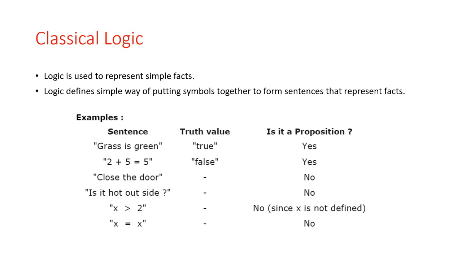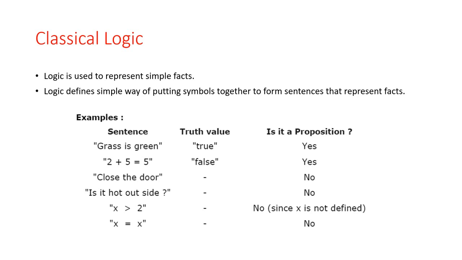Logic defines a simple way of putting symbols together to form sentences that represent facts. Sentences that are either true or false, but not both, are called propositions. For example, we have sentences and we check whether each is a proposition or not. The logic is in the form of yes or no: a sentence is either true or false.